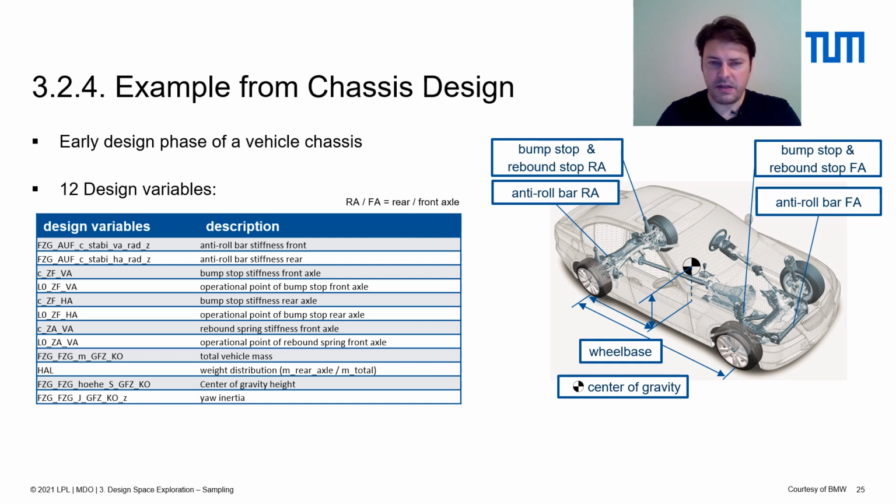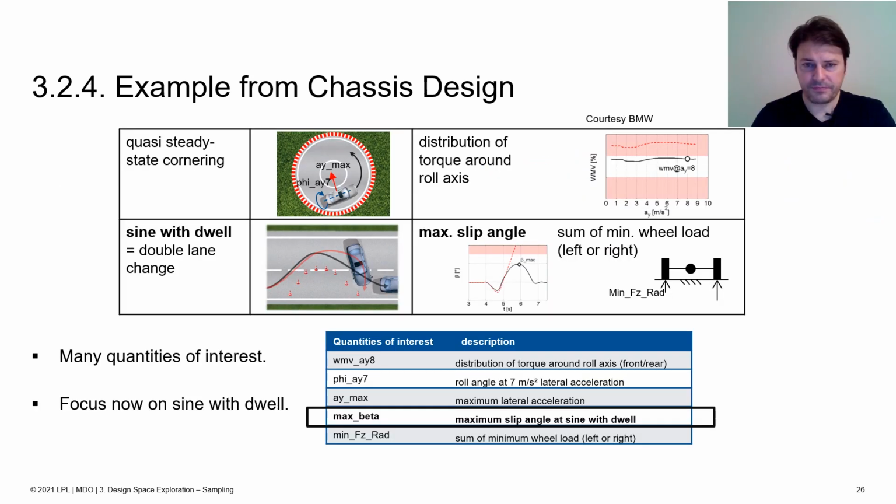And now let's see what we need to consider as a load case. In general, this chassis will be designed according to several load cases. We're not going to consider all of them, but just to give you an impression, you would look at a driving maneuver called quasi-steady state cornering, where you have to maintain a certain maximum lateral acceleration of your vehicle.